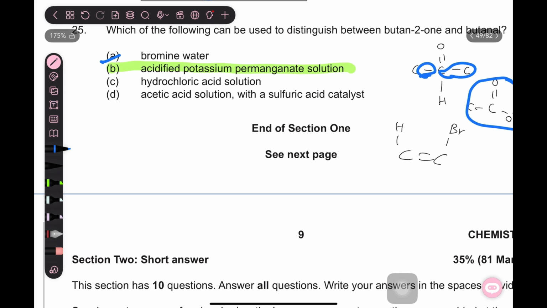And that's because the hydrochloric acid solution will not distinguish between them because it's neither an oxidizing or reducing agent. Then the acetic acid solution, it's often used as a catalyst for esterification reactions, but it's not going to oxidize or specifically react to distinguish this ketone and aldehyde.